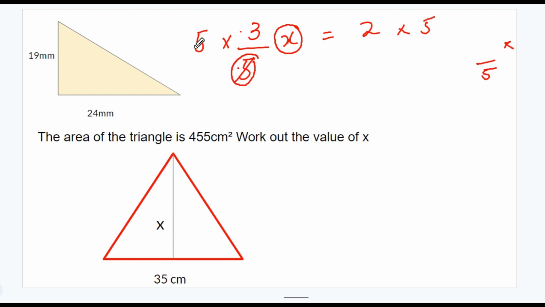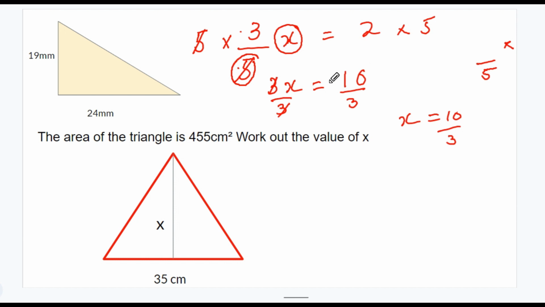So I have done the same thing and I'm cancelling it. Now I'm left with 3x equals 2 times 5, 10. Now we can remove this 3 easily. This 3 is multiplying with x. The opposite of 3 multiplying by x will be dividing by 3, both sides, right? So what will be your answer? Your answer will be x equals 10 over 3.